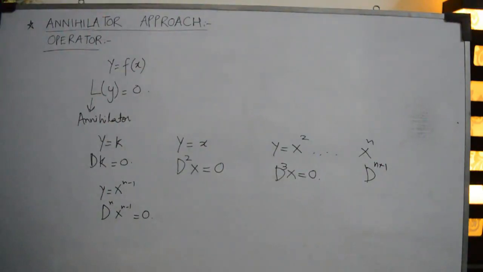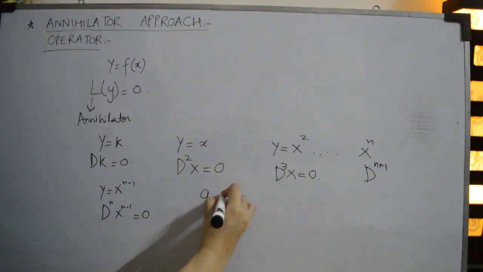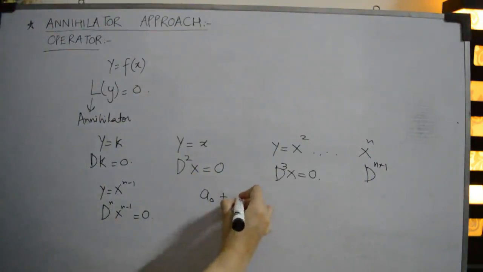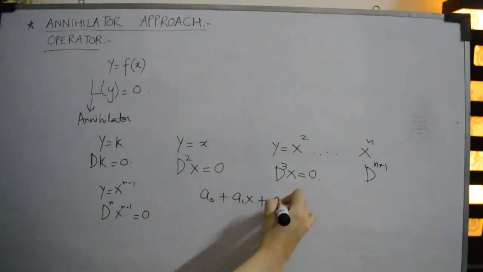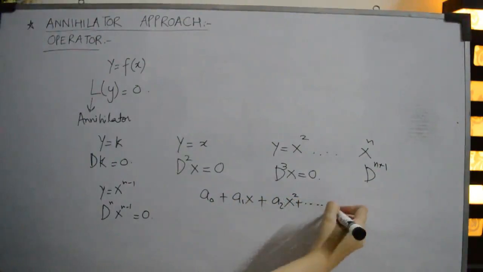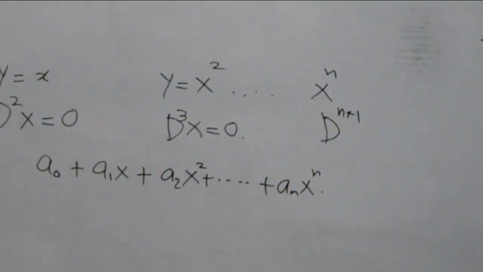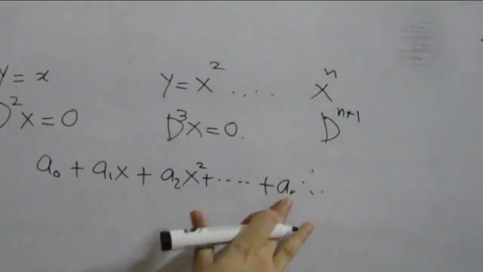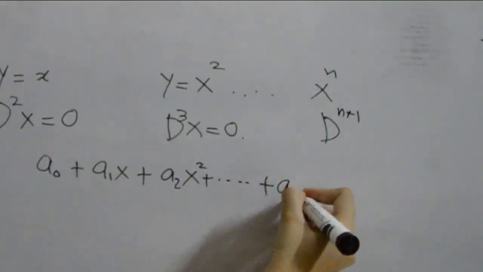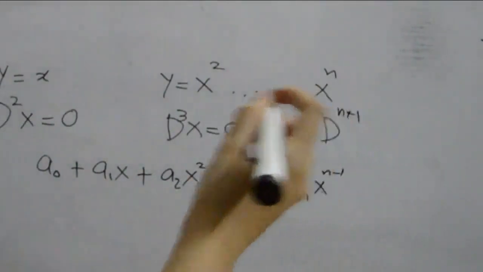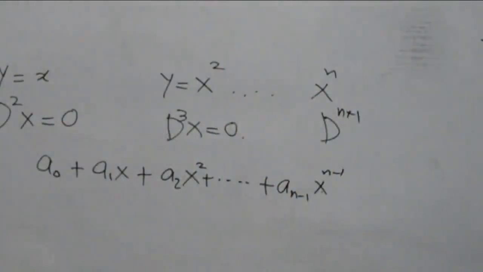So if you have a polynomial function, for example, the combination a0 plus a1 into x plus a2 into x square up to an minus 1 x to the power n minus 1, its annihilator operator depends upon the highest power of x.